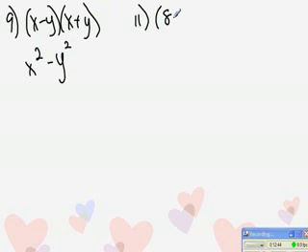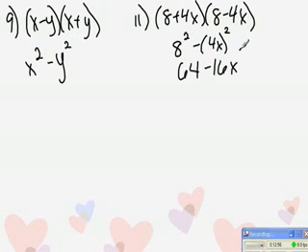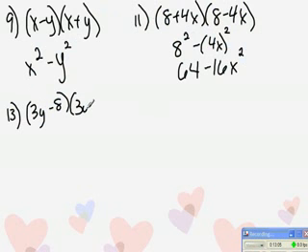Number 11, 8 plus 4x times 8 minus 4x. The first one squared minus the second one squared. 64 minus 16x squared. Number 13, we have 3y minus 8 times 3y plus 8.